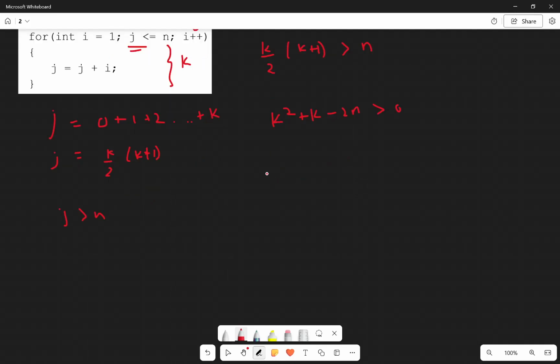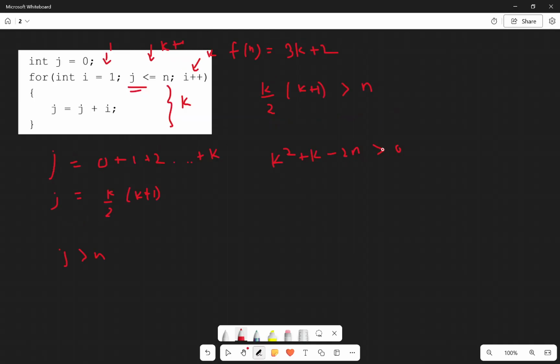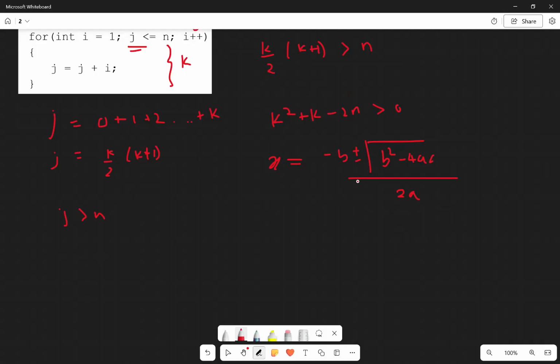In order to find the values of k, there's a formula, I don't remember the name of that term. You might have done this in O-level class. So minus b plus or minus square root of b squared minus 4ac, divided by 2a. Some of you might remember this. So we use this equation to find the possible values of k.